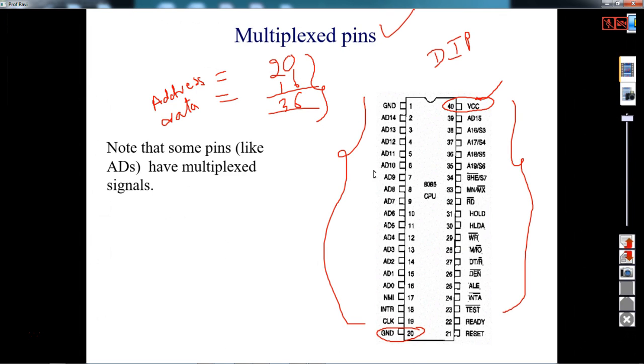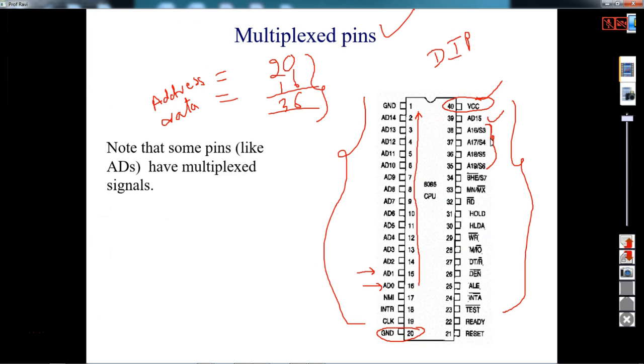Now if you try to see here, you have AD0 on the 16th pin, AD1 on the 15th, and AD2, AD3, AD4 and so on, up to AD15, and then A16, A17, A18 and A19.